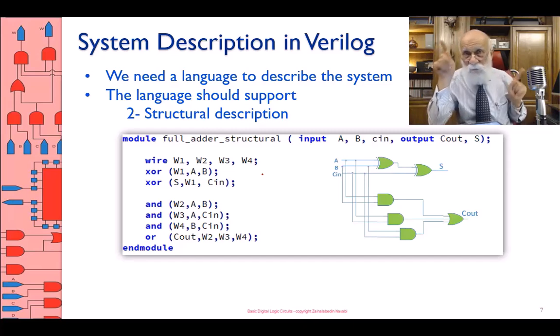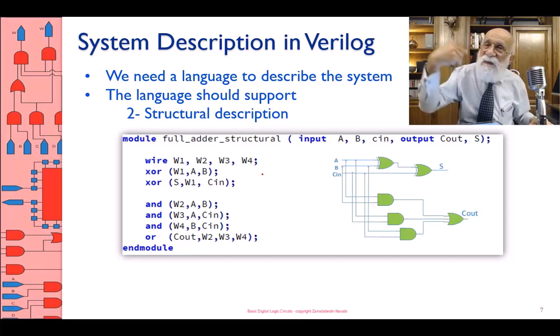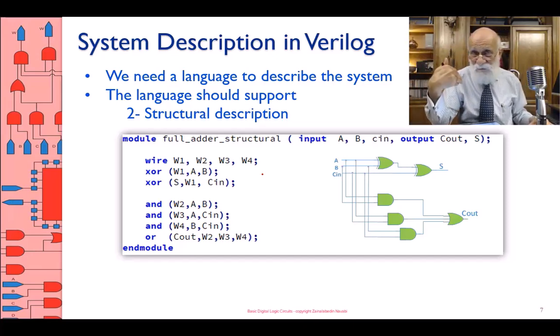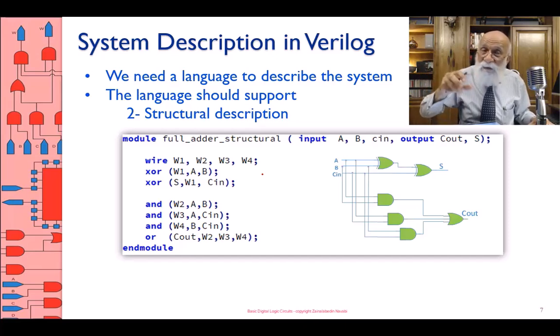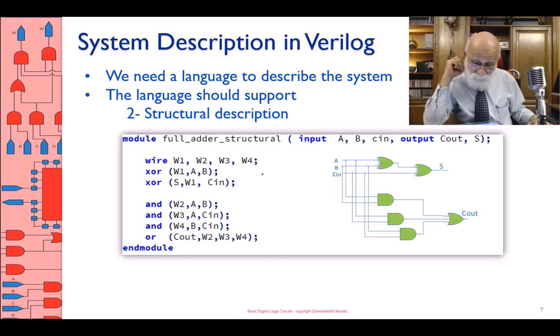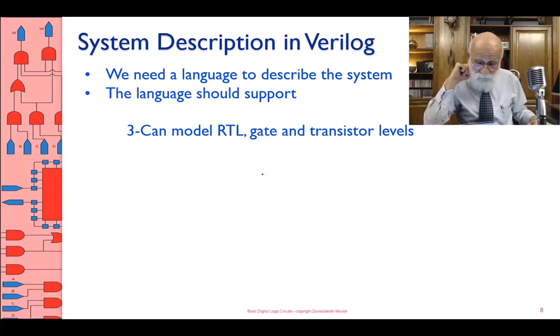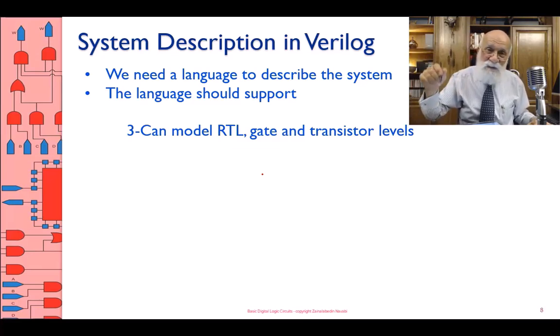Verilog allows you to do that. So not only does Verilog allow you to describe something as its functional description, but also Verilog allows you to wire components regardless of how they've been described inside. So you can model RTL, you can model gates, you can model transistors, and you can wire them together.